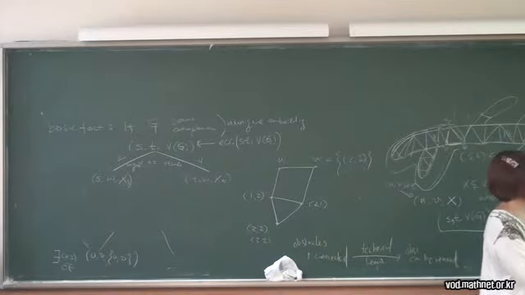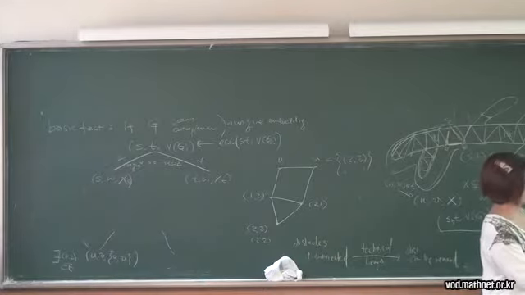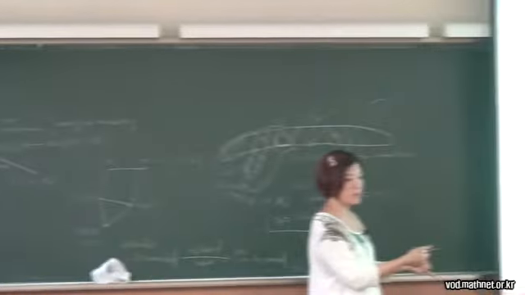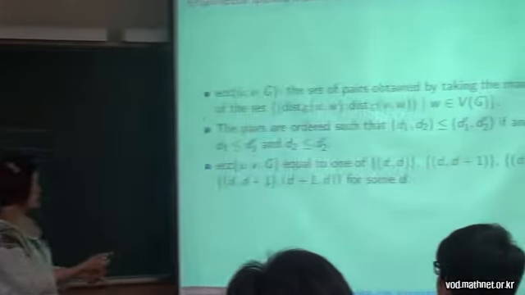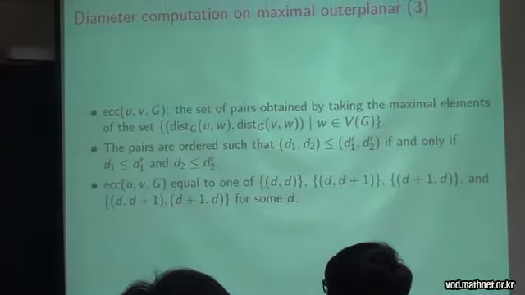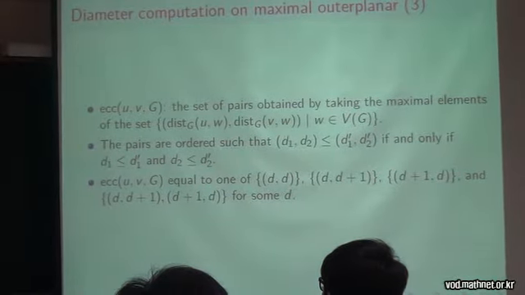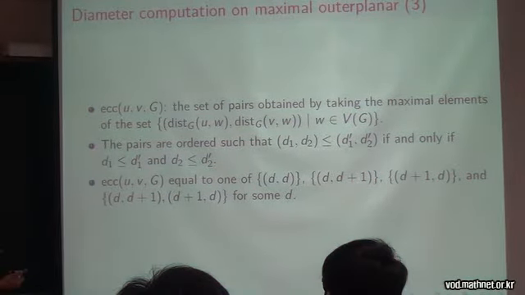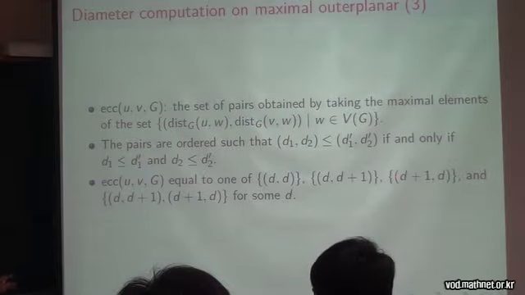Either the distances of a vertex to u and v are the same, or there is a vertex which is farther to v than to u, or the opposite. Or there are both types of vertices: one vertex which is closer to u, and another vertex which is closer to v. And this is all possible.